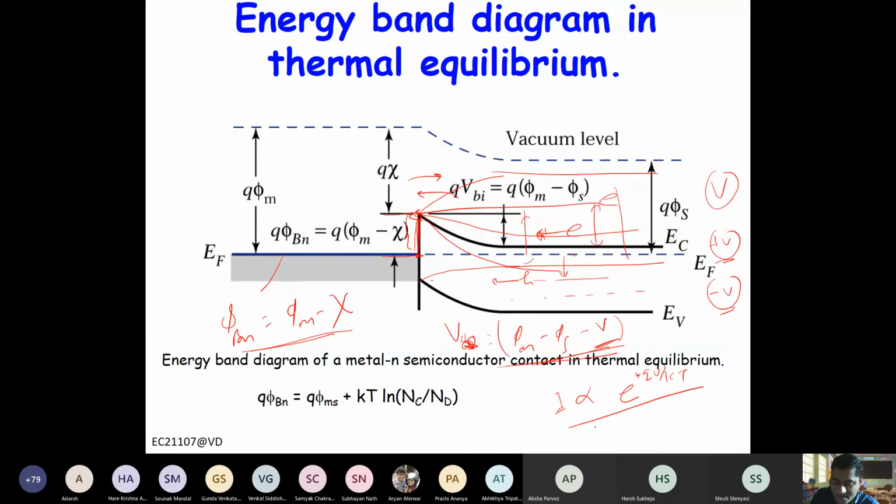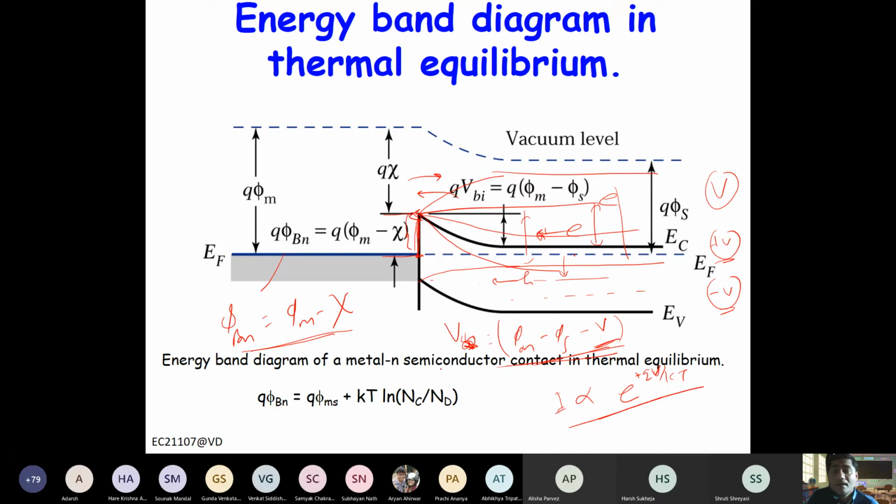You can say plus QV by KT if V is forward bias, right? So you will have a similar expression, but this will be dominated by one type of carriers, in this case electrons.